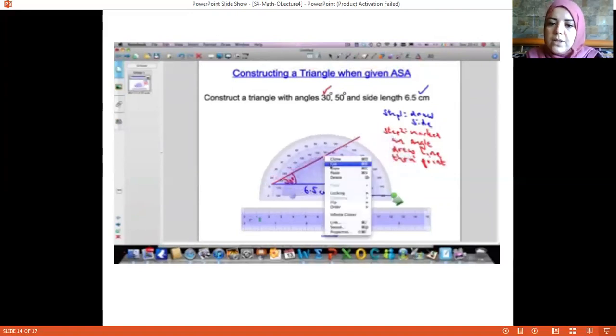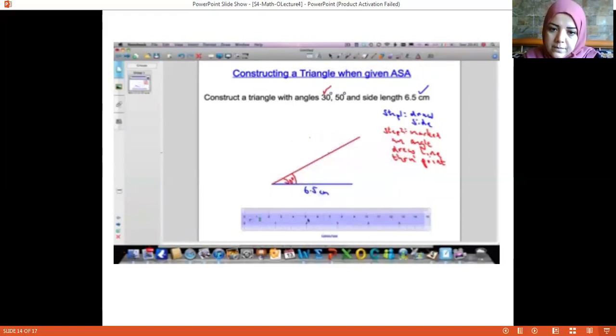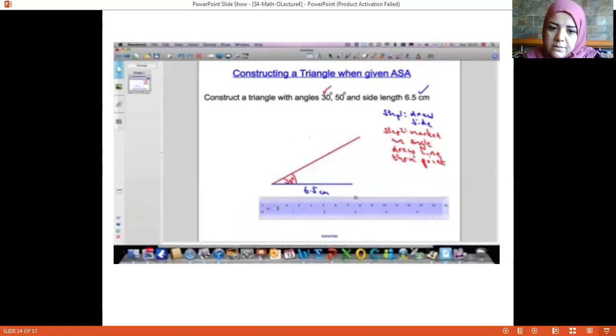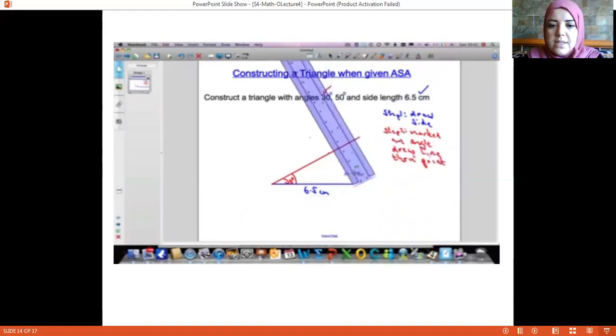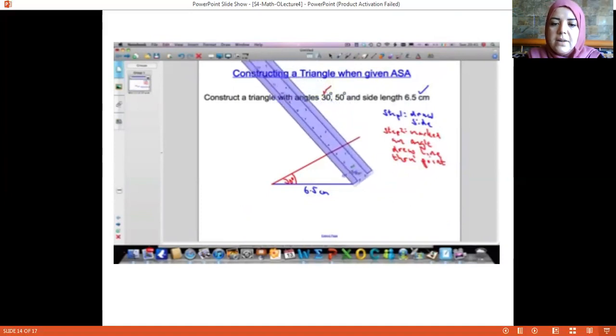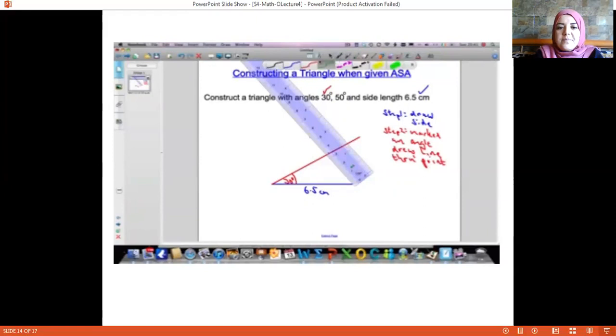Also using the ruler, you join them. You join the endpoint, another endpoint with the marked 50 degrees. And now, as you can see, we have two intersecting lines. And where did they meet? It's the third vertex.